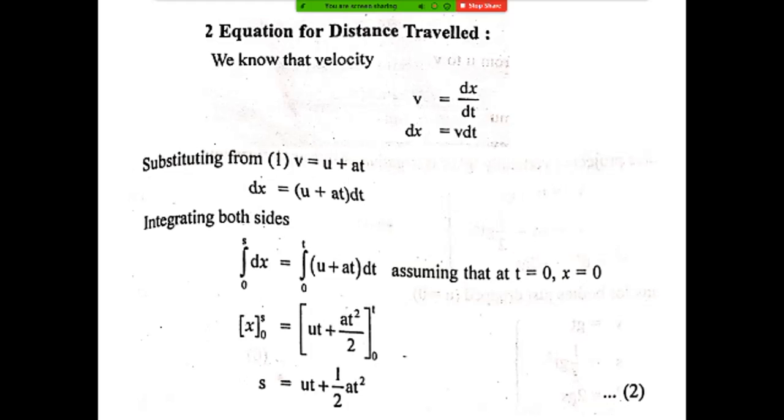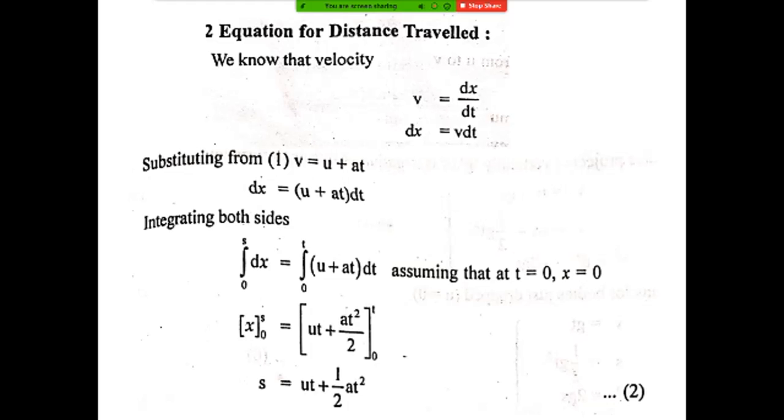I multiply u with that t. Then the equation becomes ut plus at dt; after integrating t dt, I will get t square by 2, so it becomes a t square by 2, under the limits 0 to t. Then I substitute 0 and s for x, and 0 and t for ut plus at square by 2.